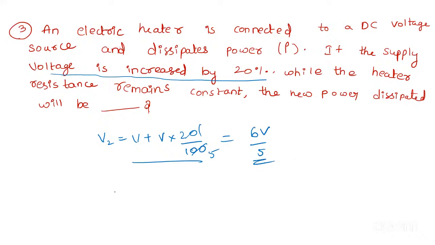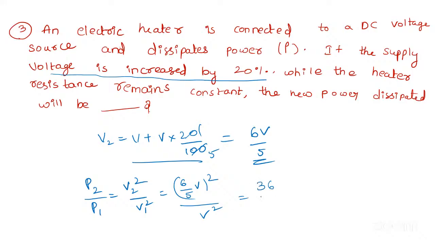In the previous slide I told you about ratios. We'll be using that same technique. P2 by P1 is equal to V2 square by V1 square, which will be 6 by 5 V whole square by V square. As a result, it will be 36 by 25 times.